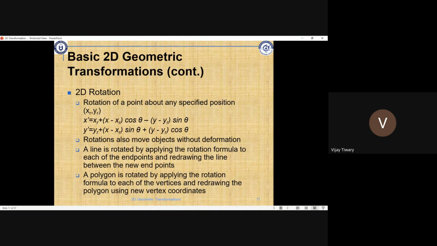So R is that other point. xr yr means any other point other than the origin, while x0 y0, or x not y not, stands for the origin. Okay. Thank you.